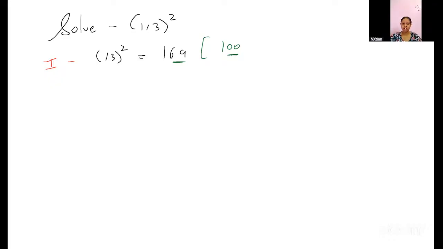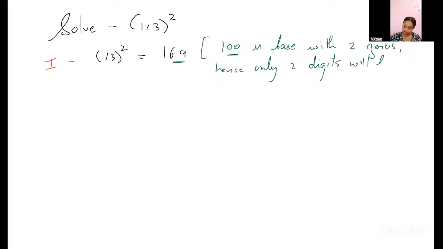100 is the base, with two zeros. Hence, only two digits will be taken.